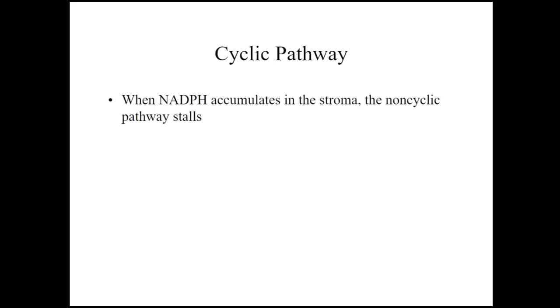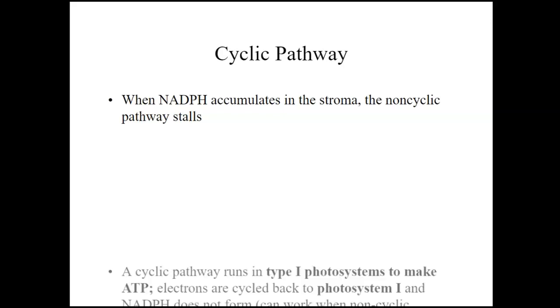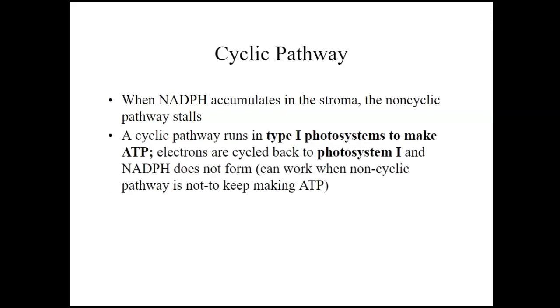All right, the cyclic pathway. When NADPH accumulates in the stroma and the proportions are not quite right at the Calvin-Benson cycle, we might need to access some more ATP, and that's when the cyclic pathway takes over. And so, as I just tried to explain, it can take those excited electrons, instead of going along the non-cyclic pathway, and feed back on itself.